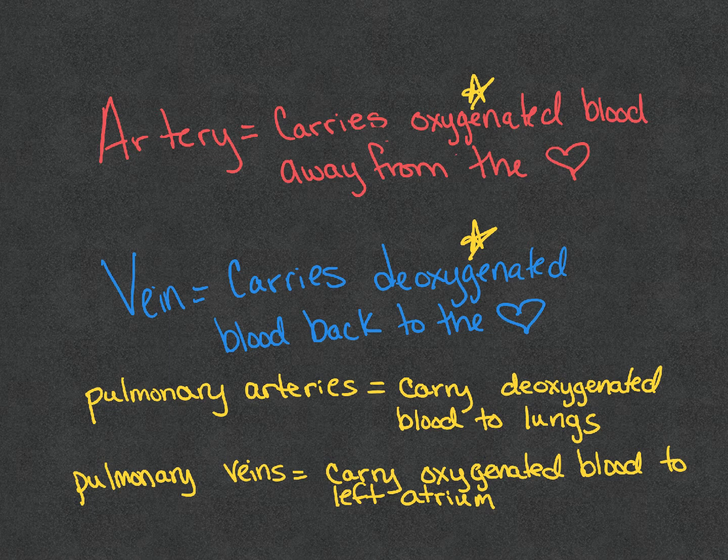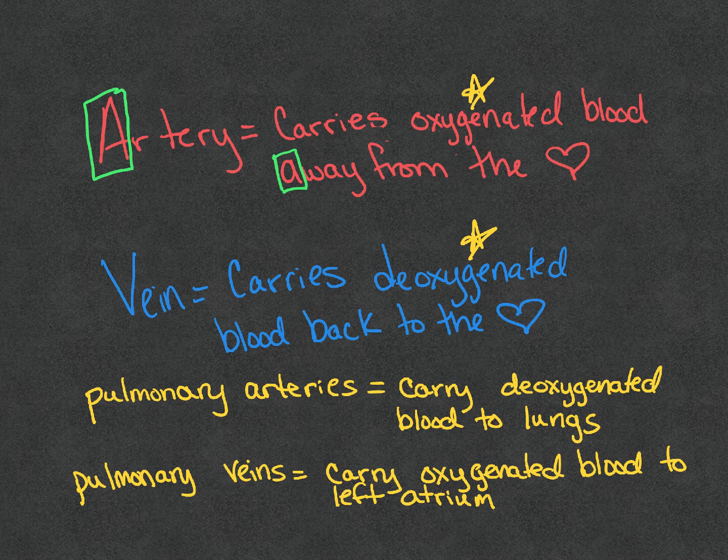So an artery is a blood vessel that's carrying oxygenated blood away from the heart. If you have difficulty remembering which is which, you could think the A for artery means away. So arteries are carrying oxygenated blood away from the heart, normally. Not every single artery does that, and I'll tell you about the exception in a minute.